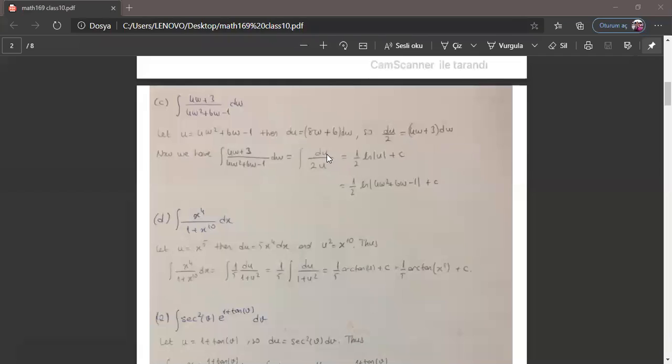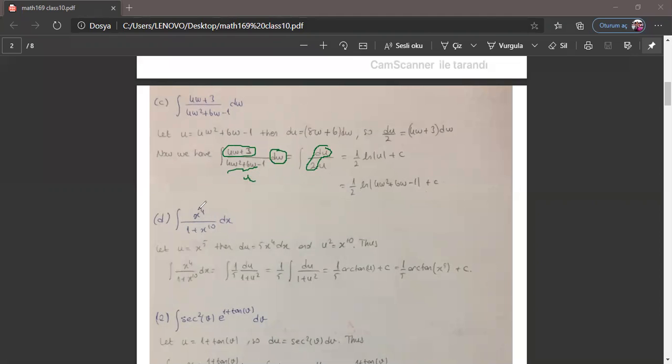So for this part we have du over 2 for the numerator, and dw is equal to that. This was equal to u, so we have this. Now we integrate and get this. The rest is easy.